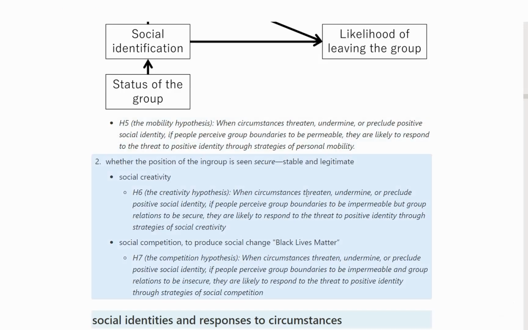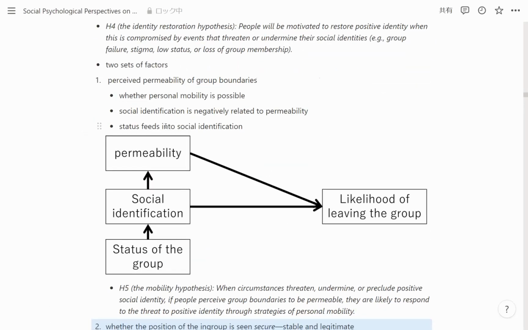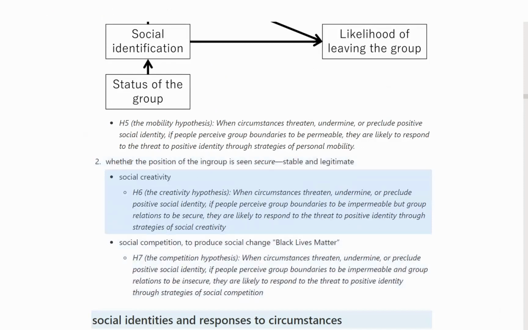Okay, so then I said that there are two sets of factors that determine whether they restore their identity or not. The first one was permeability, and the second one is whether the position of the in-group is insecure. In other words, whether the position of the in-group is stable and legitimate. And when the position of the in-group is seen as stable and legitimate, people use social creativity.